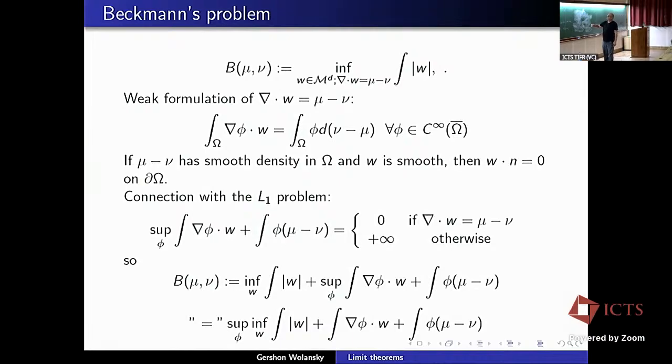So if you replace the Beckmann problem, instead of the integral of the absolute value of W, by the integral of some monotone, superlinear function F of W, over the set of W with given divergence, this will be considered a model for congested transport.